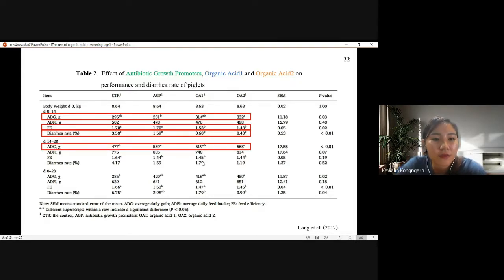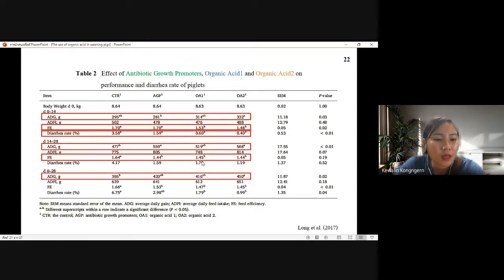In day 14 to day 28, we will see the ADG and feed efficiency in the organic acid 2 group are greater than the other groups, but the result is not different from organic acid 1. This is the overall result in day start to day 28.